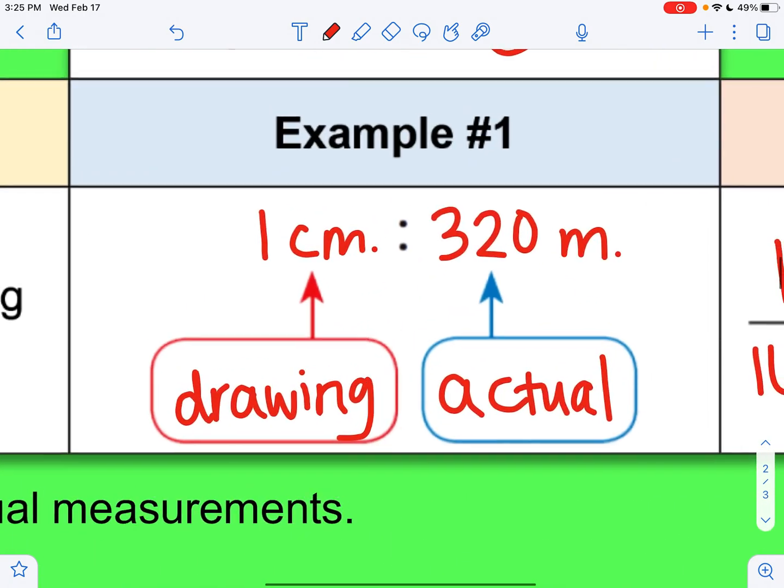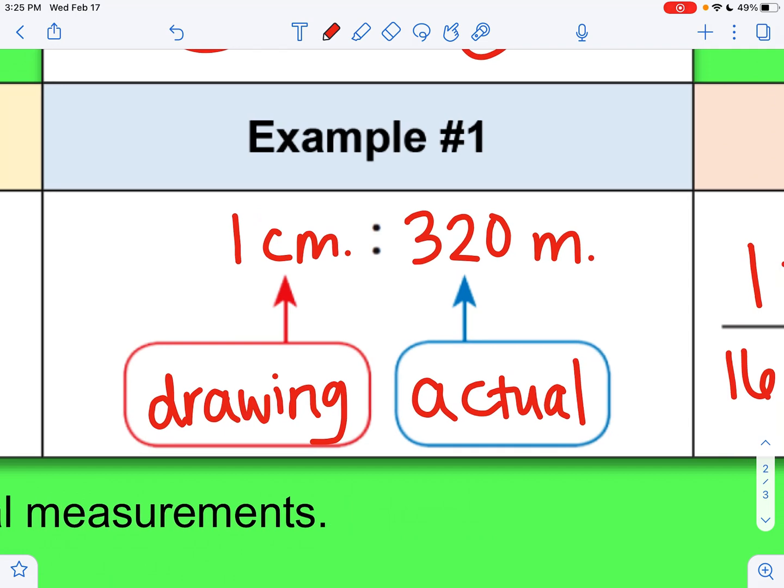Okay, so let's take a look at two examples. So we have two different numbers here. We have 1 centimeter to 320 meters. Our 1 centimeter is super small. That's the drawing. That's how big it is if you drew it. But if you actually built it, 320 meters is how big it actually is.